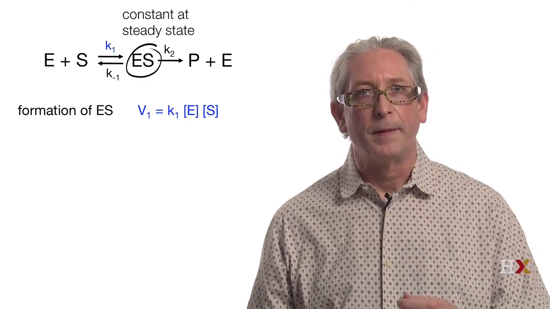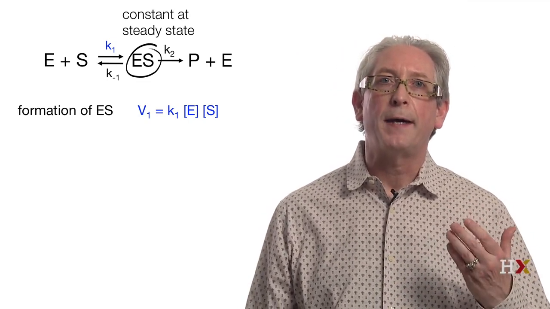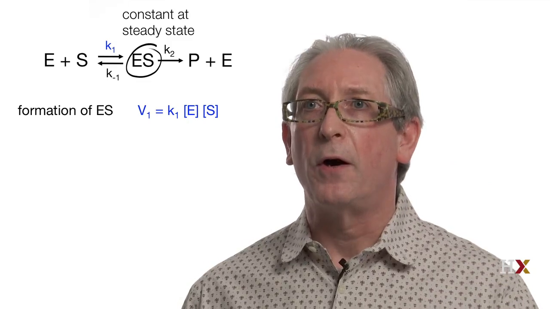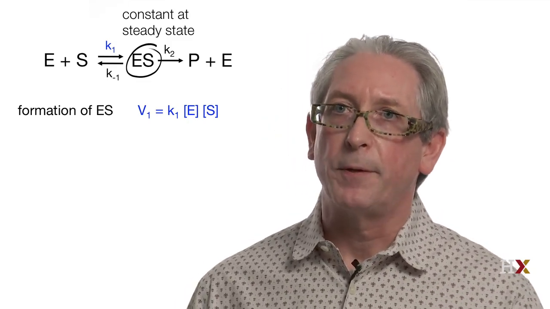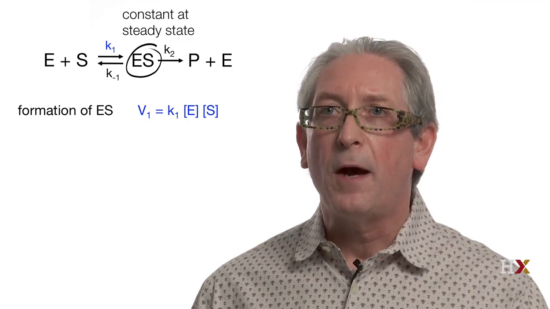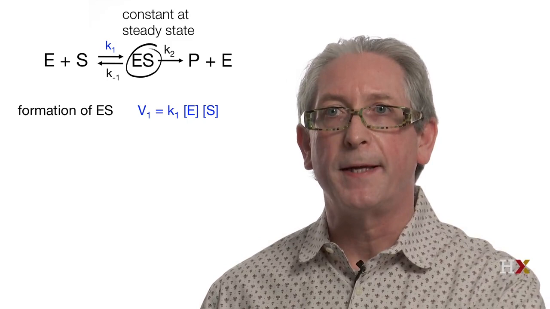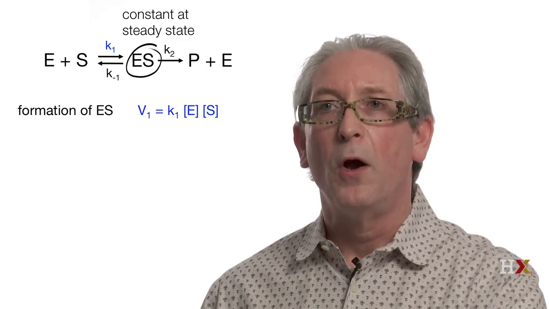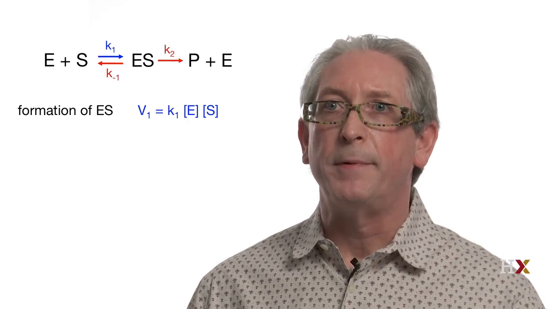The second thing that we have to determine is the rate of the dissociation of the enzyme substrate complex. And this complex can dissociate in two different ways. We can have production of enzyme plus product, or we can have the reverse reaction where the enzyme dissociates from the substrate.